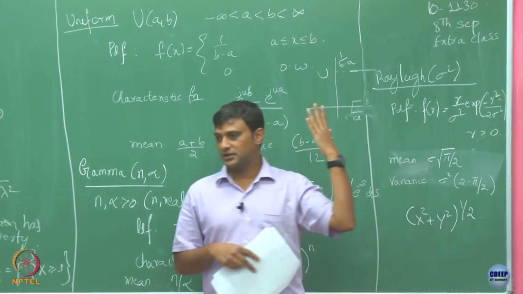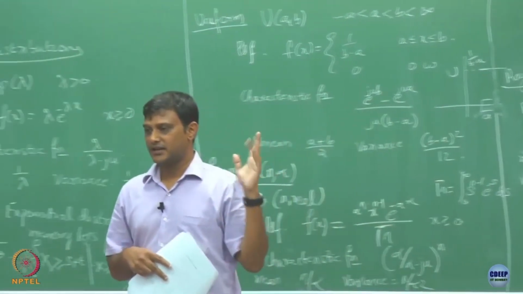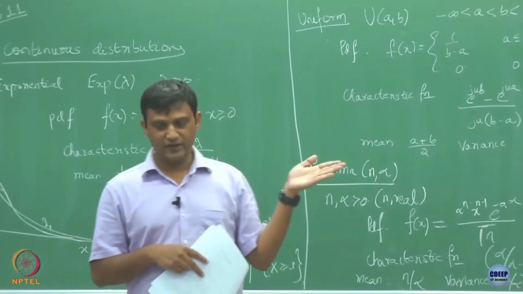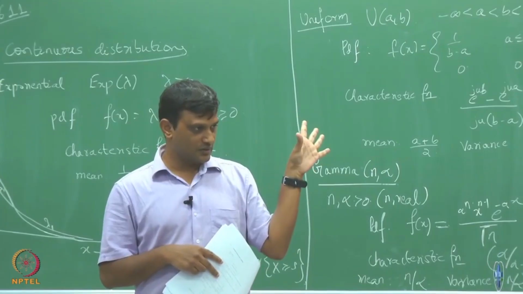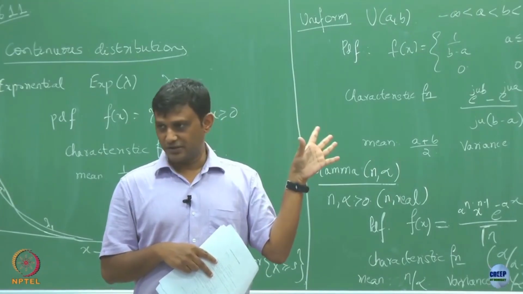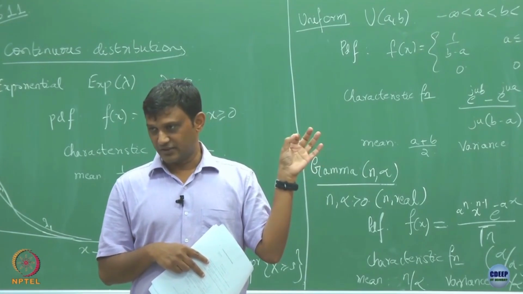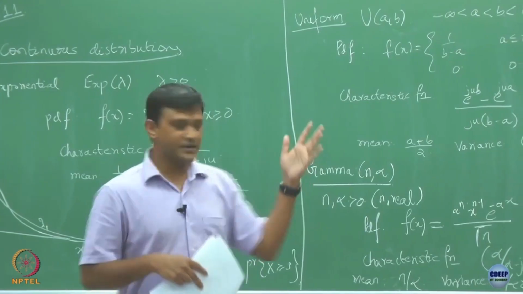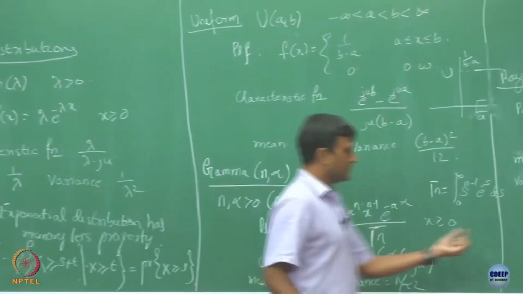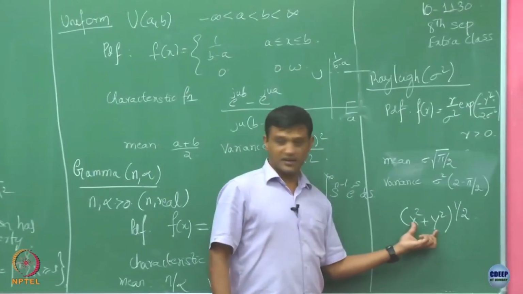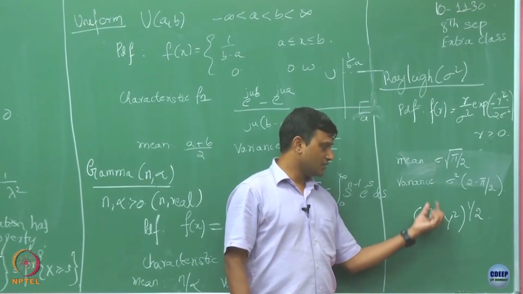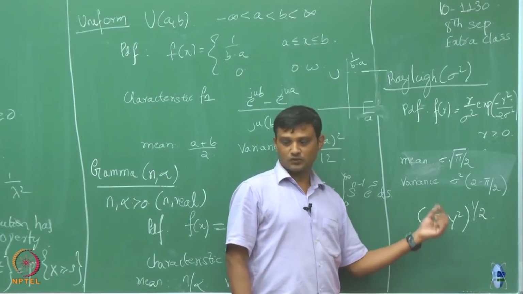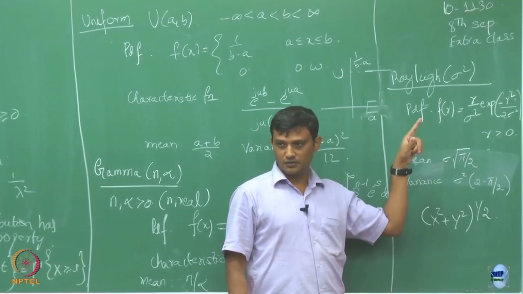So suppose you are dealing with two quantities, random variable x and random variable y, which are both Gaussian, independent, mean 0, variance sigma square. Instead of looking at each of them separately, you look at x square plus y square, which gives what?